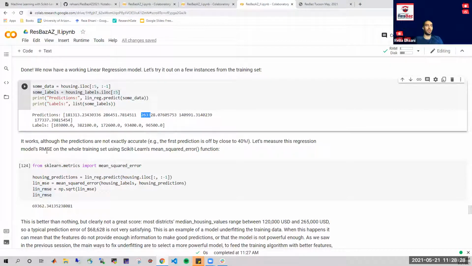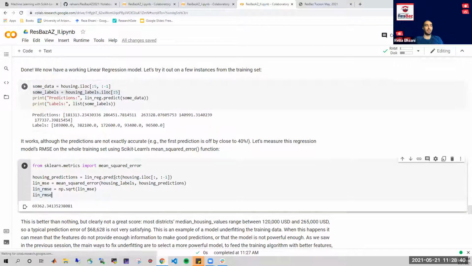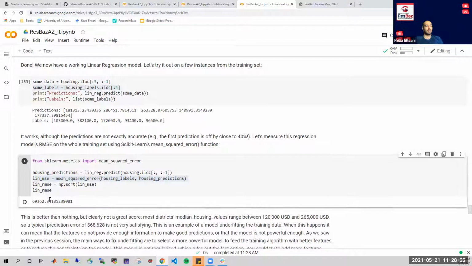So here I'm using the RMSE, root mean squared error, on the whole training set using scikit-learn's mean squared error function. For this purpose, we need to import mean_squared_error from sklearn.metrics, then predict the values over the training set, call mean_squared_error on the predictions versus the labels, and finally take the square root of that, and that's the number, 69,000.